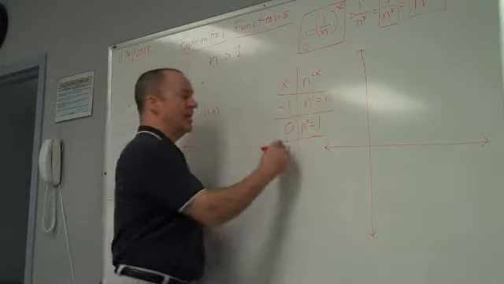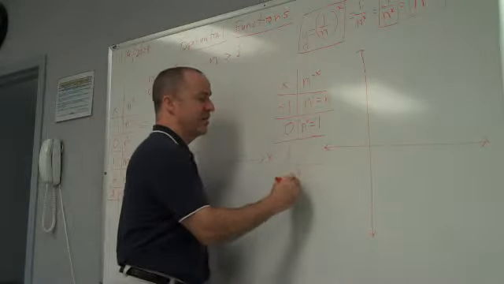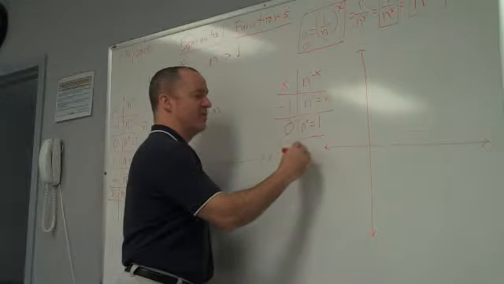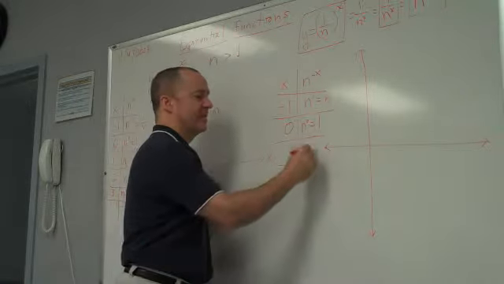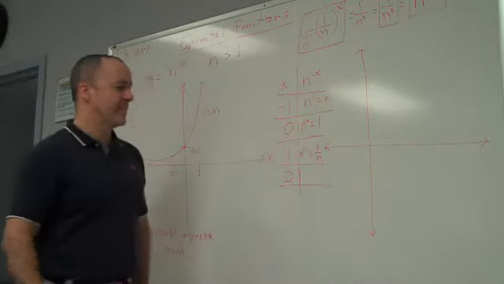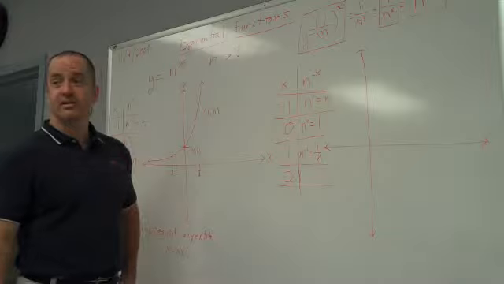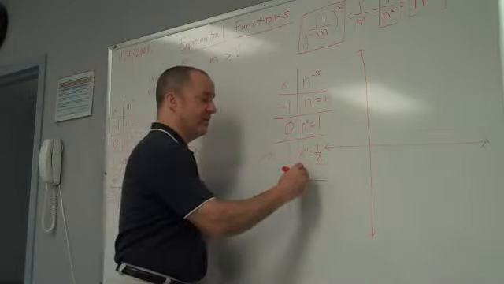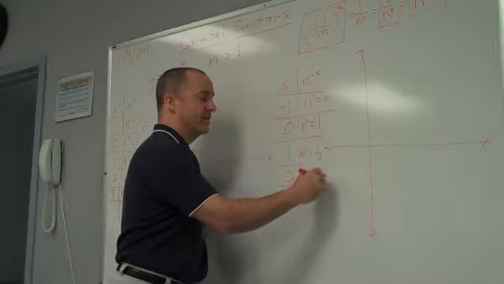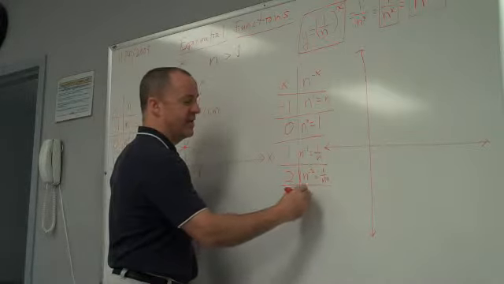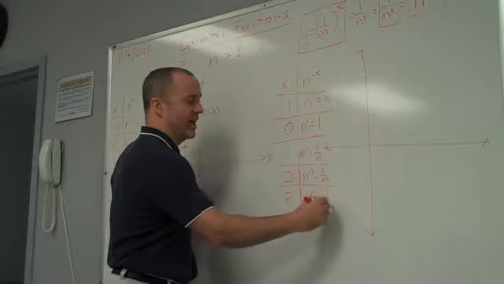Okay, I put in 1. What do I get? N to the negative 1, which means what? 1 over n to the first. Very good. I put a 2 in. What do I get? I get n to the negative 2. 1 over n squared. Yep. And now I put in 3, and I get n to the negative 3, which is 1 over n cubed.